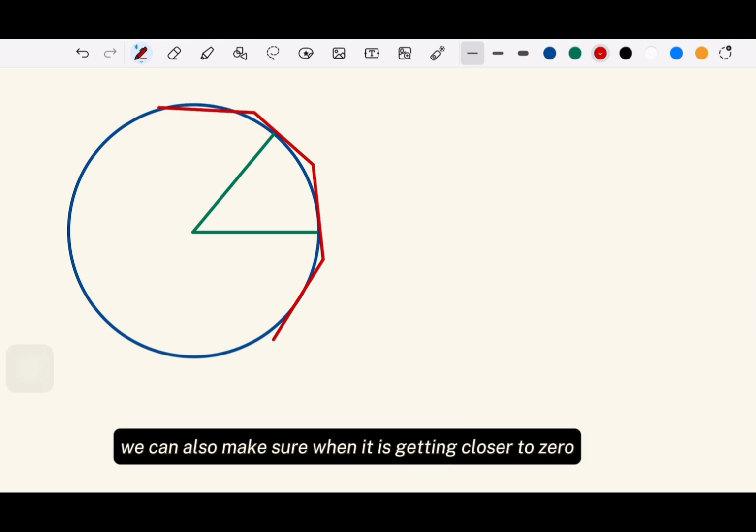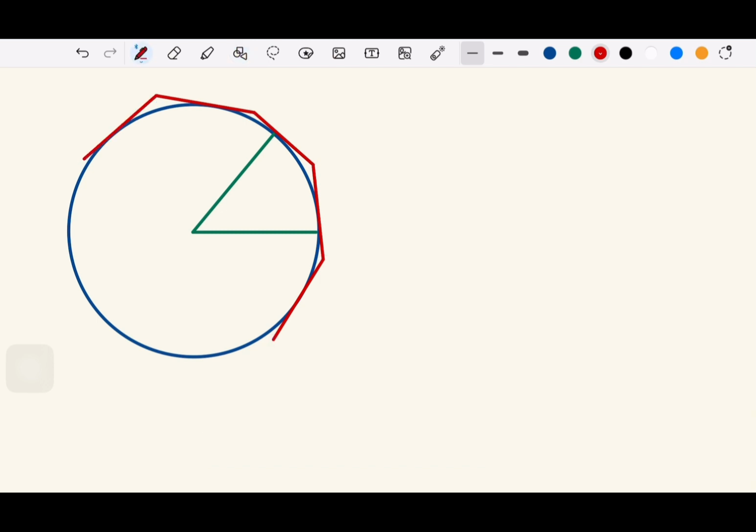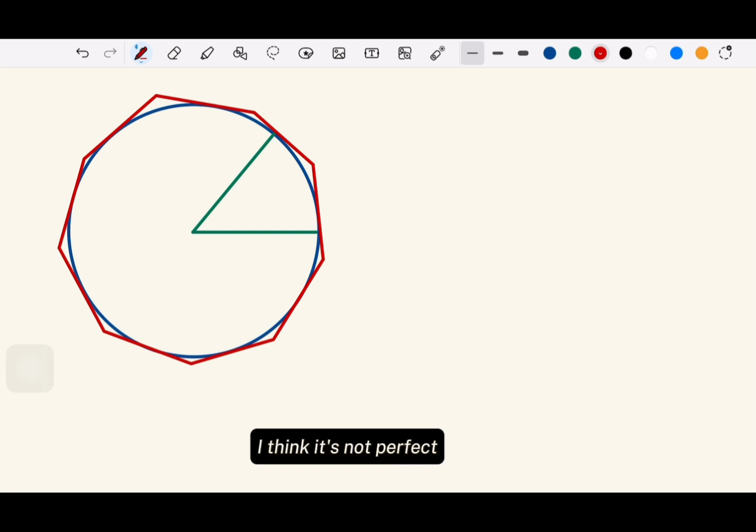We can also measure that when it is getting closer to 0, it will also get close to the circle. I think I may not be making it in perfect proportion, but hopefully we can focus on the triangle.